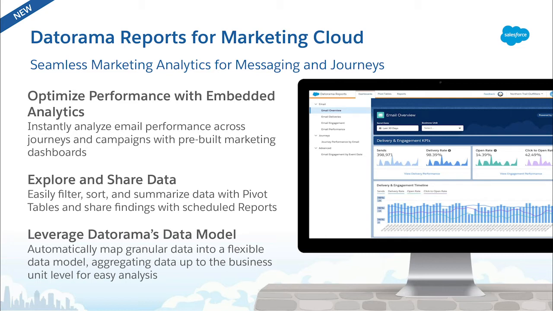Datorama Reports offers 3 main tools that enable you to generate, view, and share a detailed analysis of your messaging and journey campaign level data. First, we have out-of-the-box interactive dashboards, which are an easy and powerful tool to visualize, analyze, and filter your data.